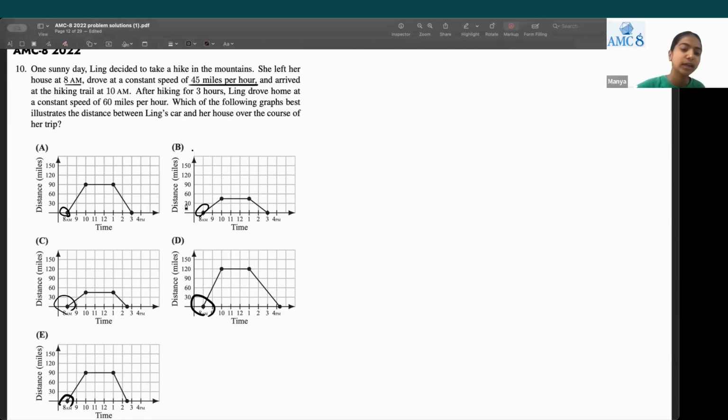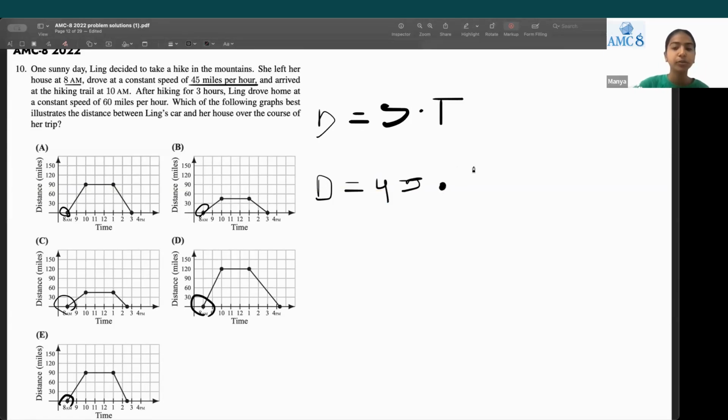And so this right here is not the speed, it's actually the distance. So the distance, d, is equal to speed times time. The speed is 45 miles per hour, so 45 times the time, which is 2 hours. That means the total distance she traveled was 90 miles.